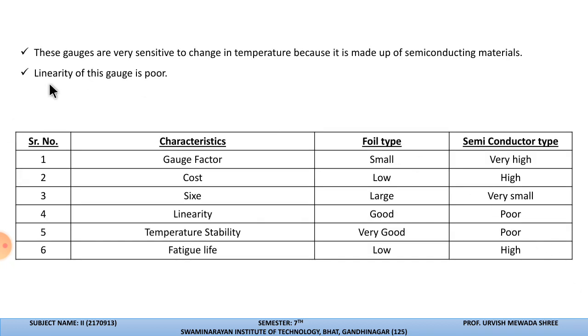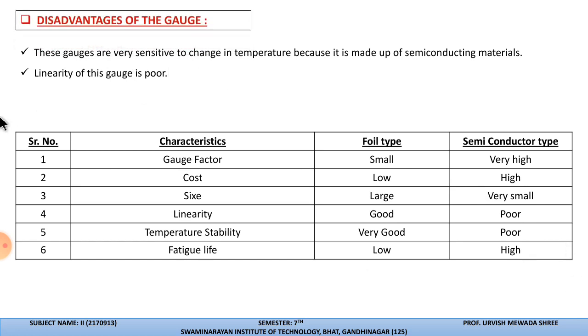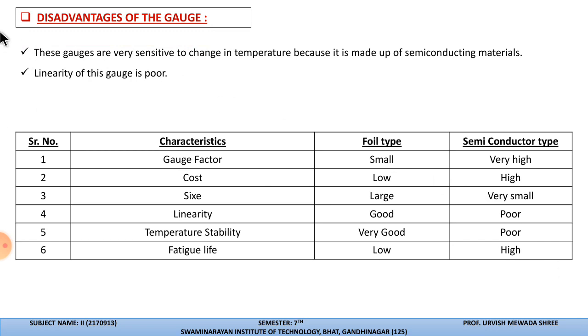Again, these gauges have disadvantages. These gauges are very sensitive to changes in temperature, because as we know, silicon and germanium are both semiconducting materials, and semiconductors generally operate at room temperature.